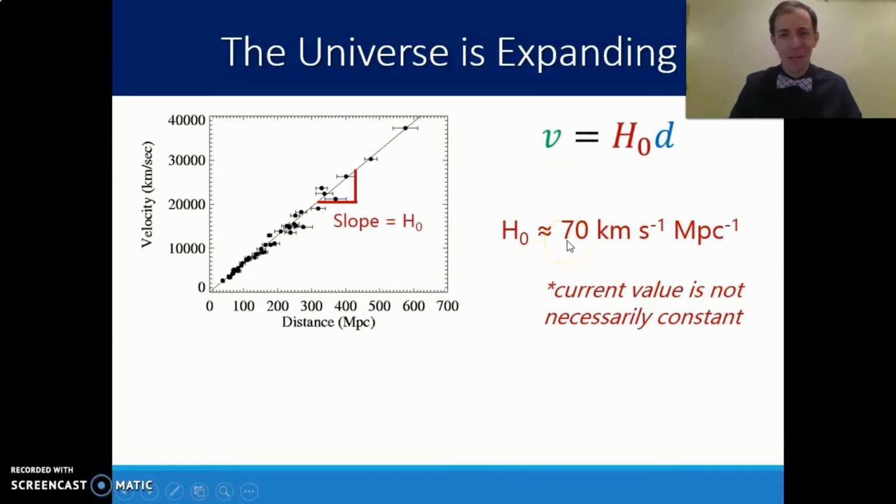And there was a study a year or two before that that found it to be different. Like there was one study that was about 68, one study about 73. So we're pretty confident that at least for our local part of the universe that this is pretty close, but it is changing, and we'll find a little bit later on this might not even be linear at all.